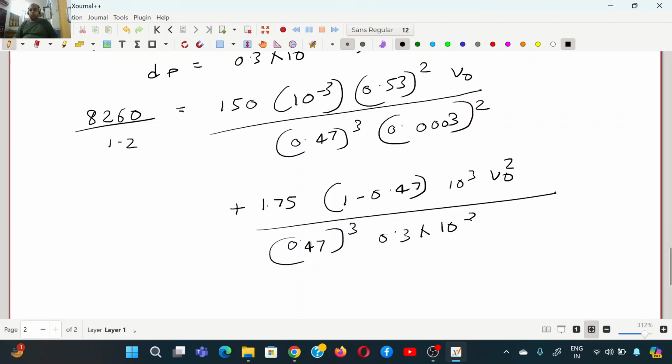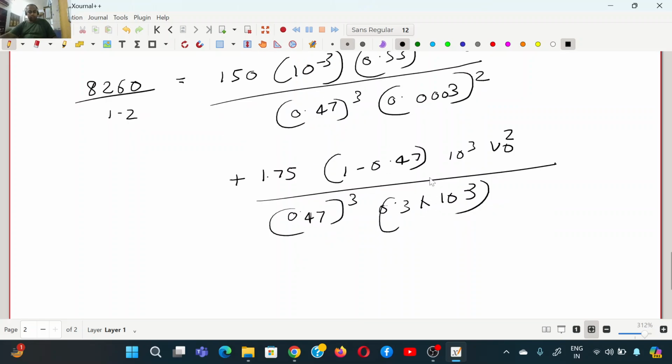You have all the values now. Basically, this is a quadratic equation. This is V naught squared, this is V naught, so it's of the form A x squared plus B x plus C. This is the second order part, this is the first order part.